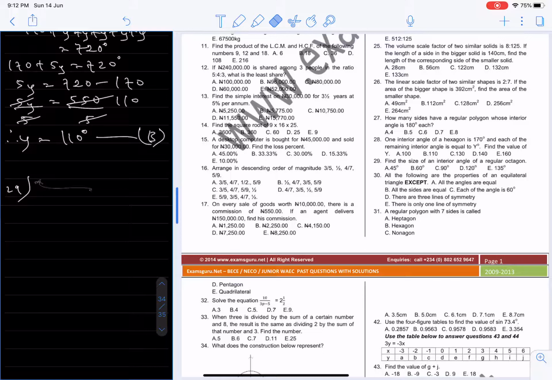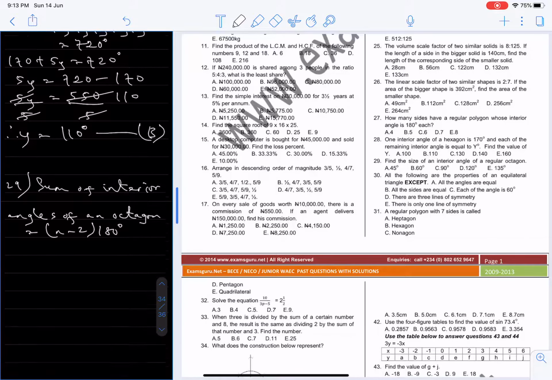sum of interior angles of an octagon. The sum of interior angles of an octagon is given by, of course, you remember the formula, n minus 2 times 180 degrees.